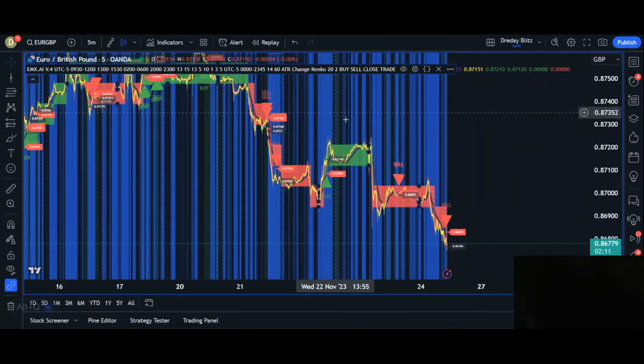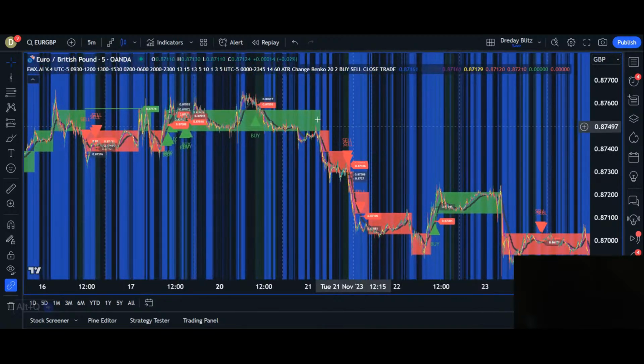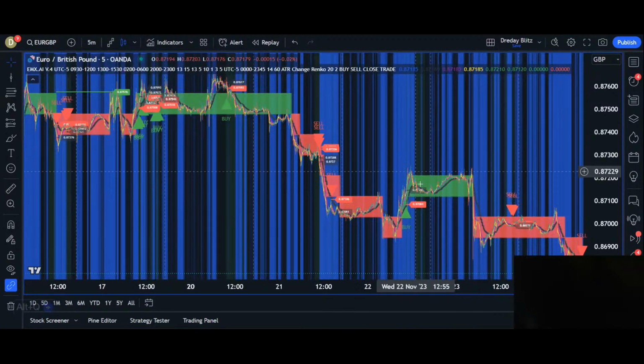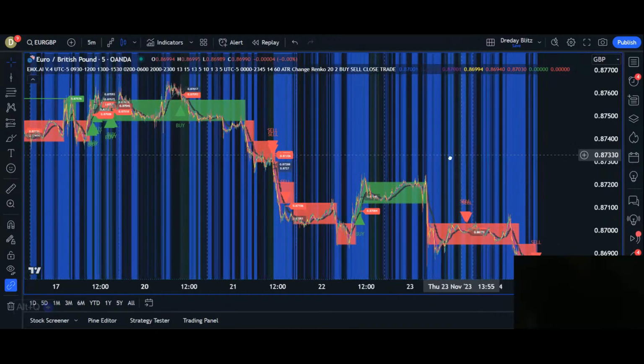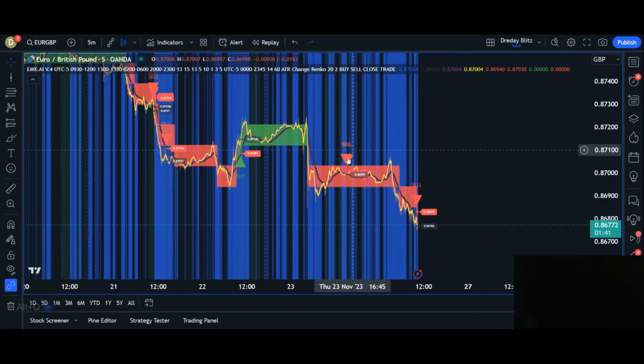There we go. So overall, it was going down. So that's why I put it on a 4-hour chart, because there was a retracement here, but the momentum was still going down, right? So if you were taking only sells on the 1-hour since yesterday morning, we're only looking for sells on Euro GBP.